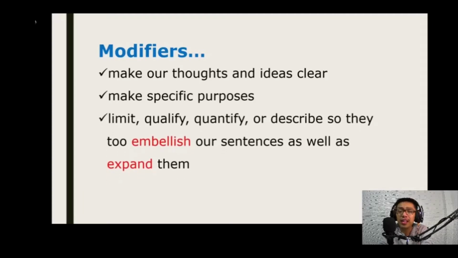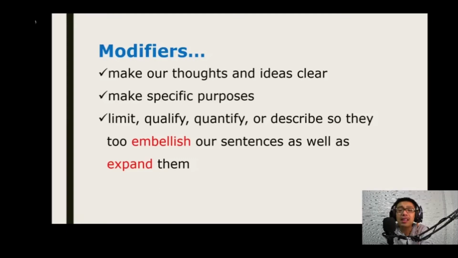And number three, modifiers limit, qualify, quantify, or describe so they too embellish our sentences as well as expand them. It only means that modifiers are used to improve the ideas and the quality of our sentences.